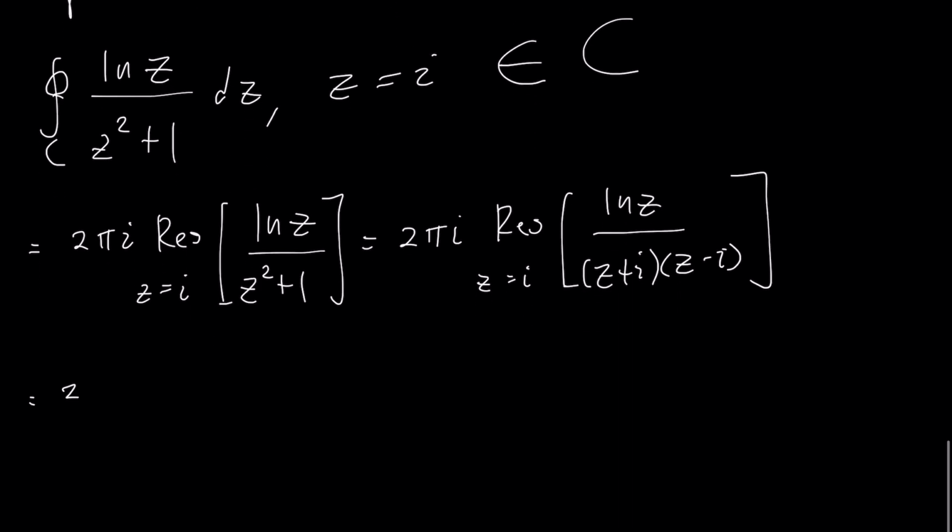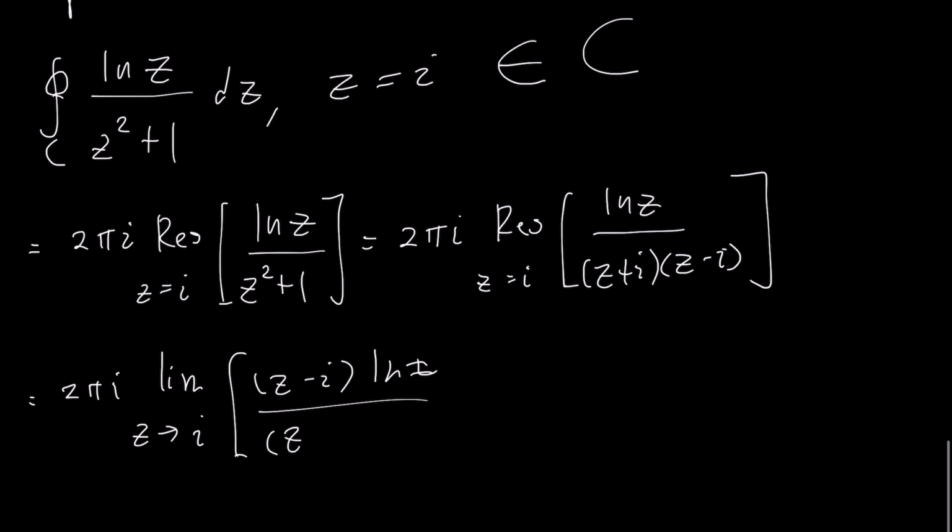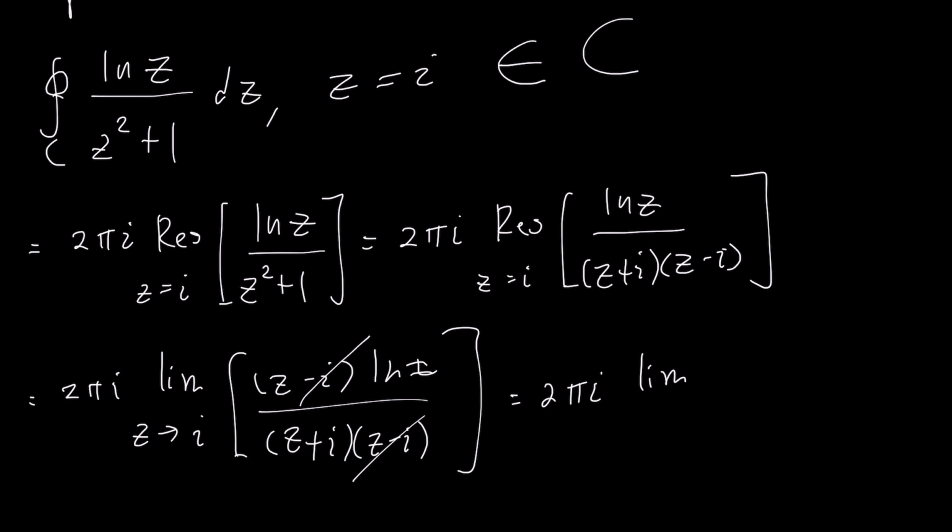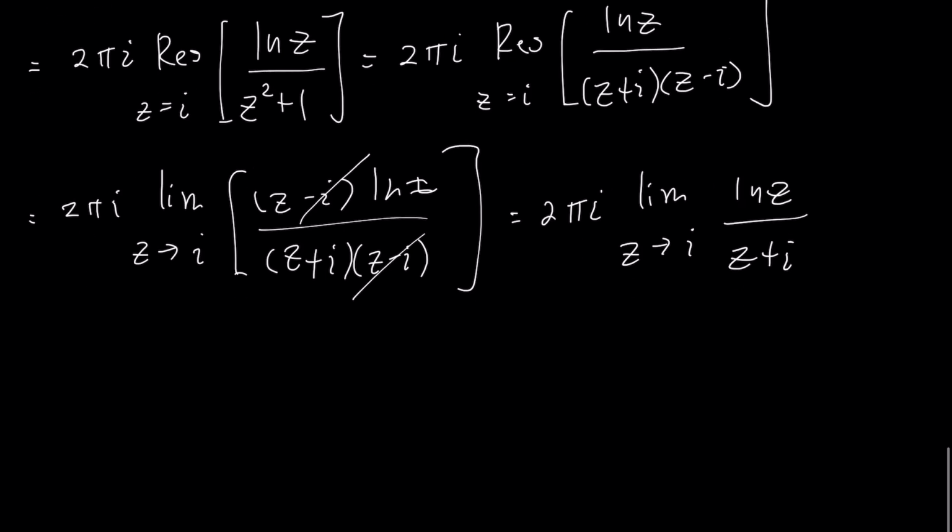So this will be 2 pi i, the limit as z approaches i of z minus i, natural log of z, divided by z plus i times z minus i. So these go away. We're left with 2 pi i, the limit as z approaches i of the natural log of z divided by z plus i.